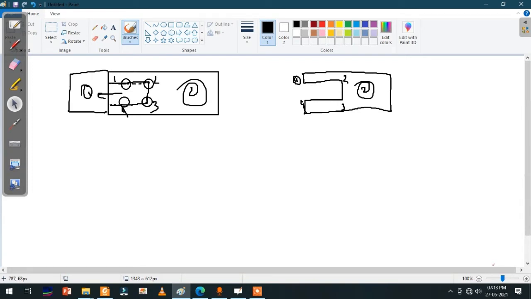If you see, there are 3 planes in this case. On the 2-3 plane, you are going to see tension, and on the 1-2 and 3-4 planes, you are going to see shear.